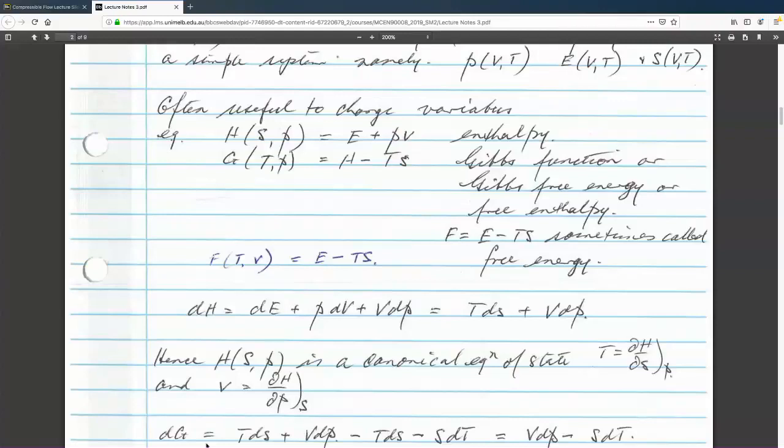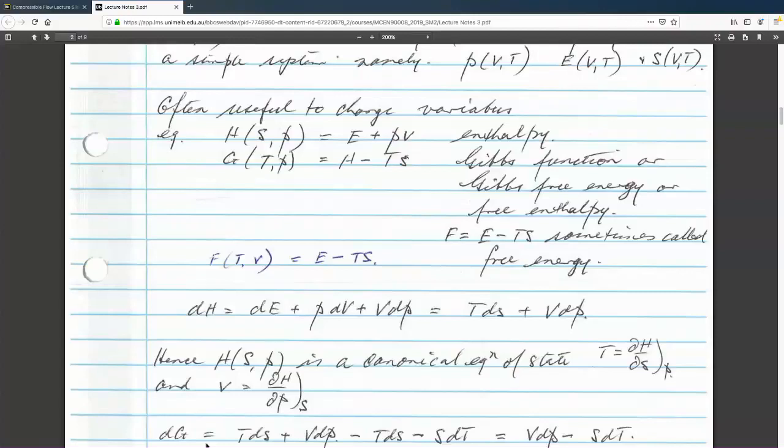So dG will be dH minus d(TS), which is TdS minus SdT. I've written it down here.